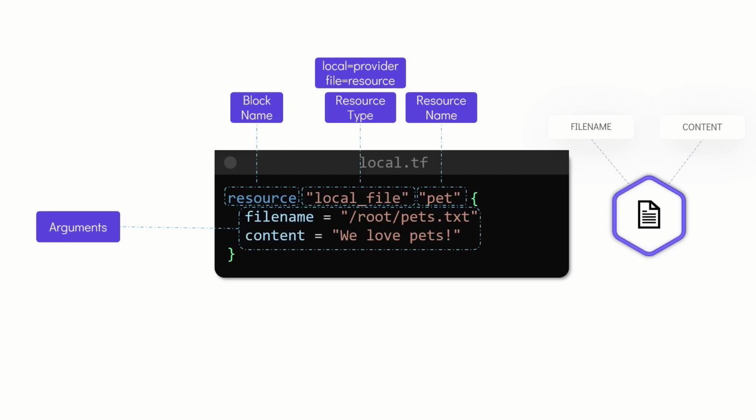We now have a complete HCL configuration file that we can use to create a file by the name of pets.txt. This file will be created in the /root directory, and it will contain a single line of data. The resource block that we see here is just one example of the configuration blocks used in HCL, but it is also a mandatory block needed to deploy a resource using Terraform.